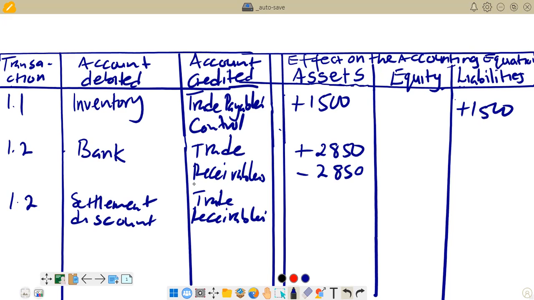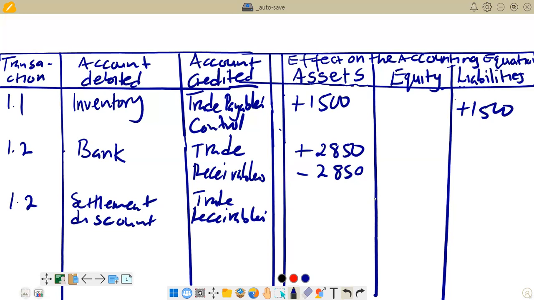And on this side of the accounting equation, now you can see that when it's reducing the net profit, and we know that profit is the owner's equity. Profit becomes the owner's equity because the profit is going to increase the retained earnings or retained income balance. So when we are subtracting in the form of settlement discount or discount allowed under operating expenses, it means we are reducing the net profit.